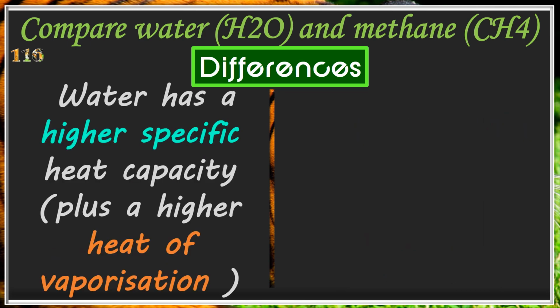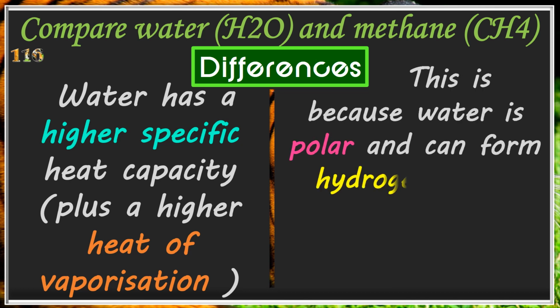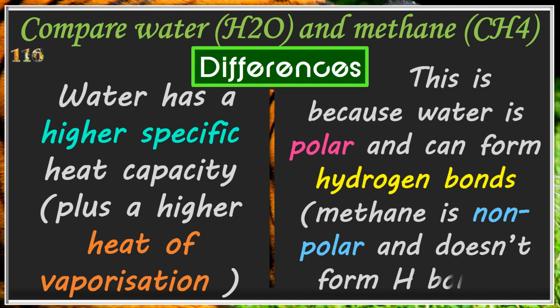This is because water is polar and can form hydrogen bonds. Methane is nonpolar and does not form hydrogen bonds.